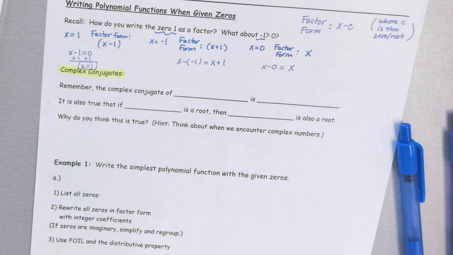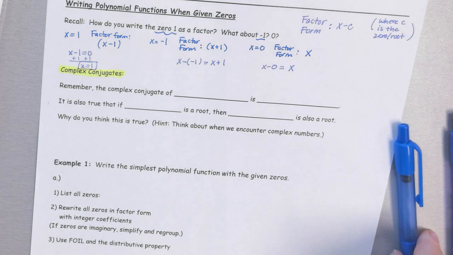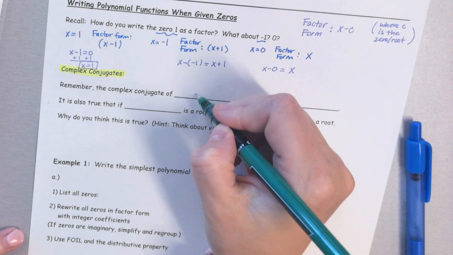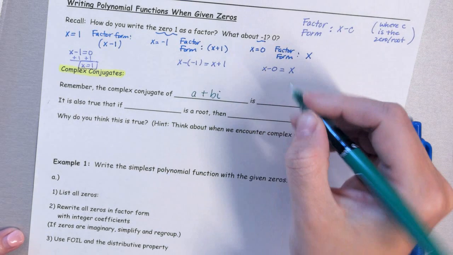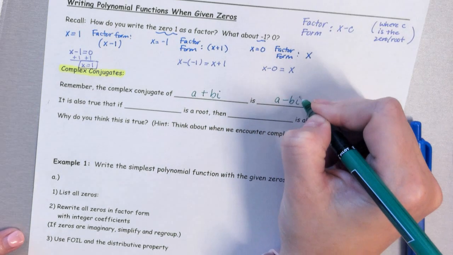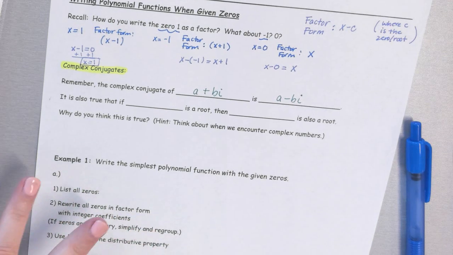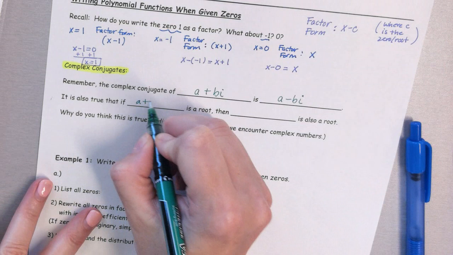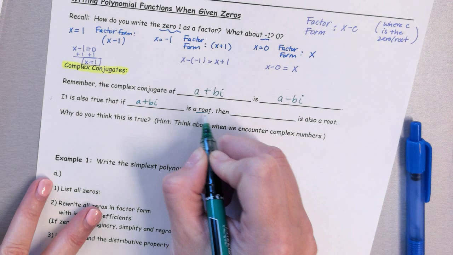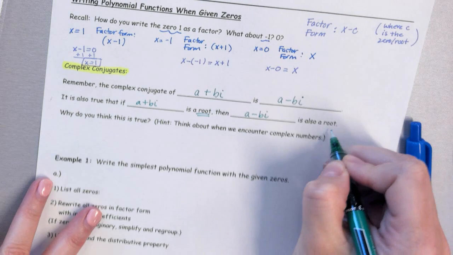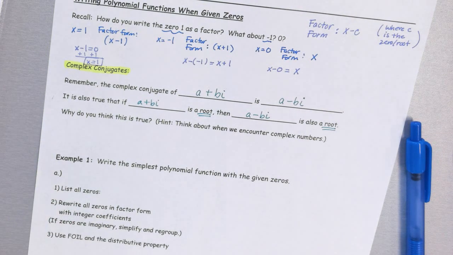So remember, the complex conjugate of a plus bi is a minus bi. That's something that we talked about before. But it's also true that if a plus bi is a root, then a minus bi is also a root.